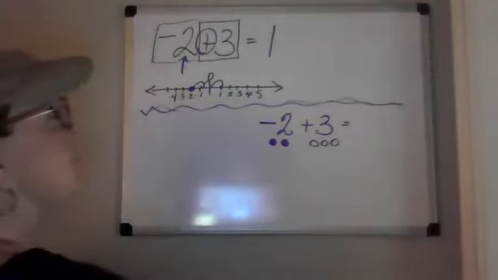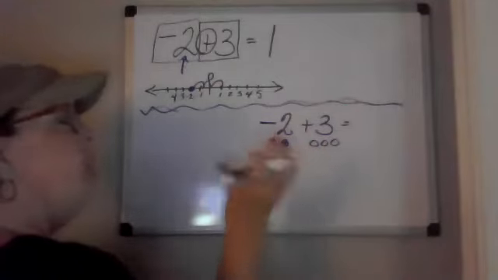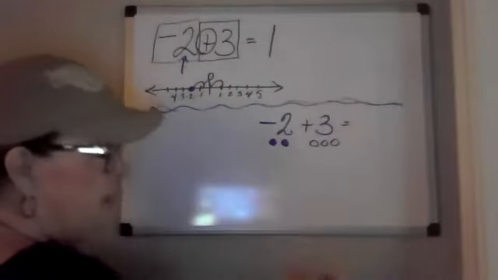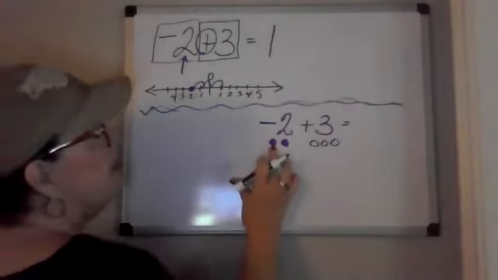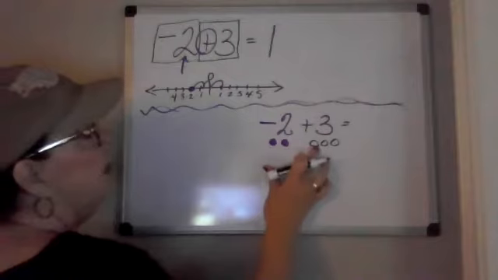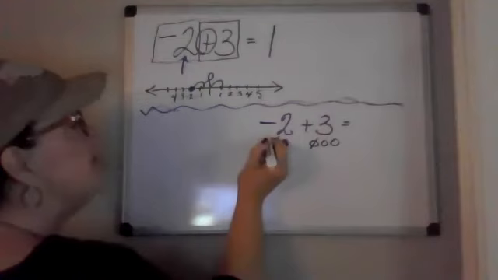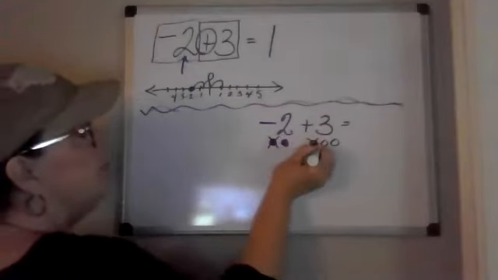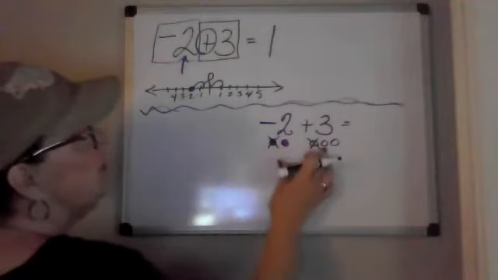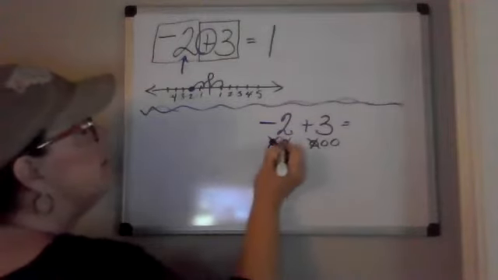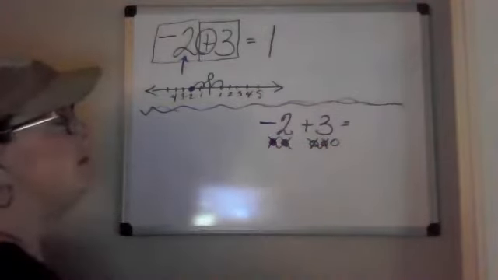Now, before we find the answer, we have to get rid of all of our opposites, or what we call 0 pairs. So I have a negative and a positive here that match each other. So they're gone. I would erase them, but I want you to see it. Now here's a negative that matches another positive, so I have to take those out before I know what the answer is.